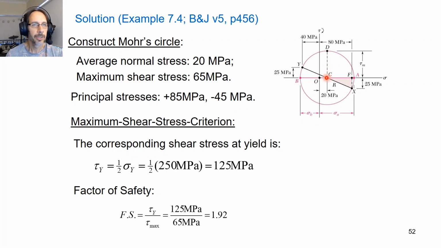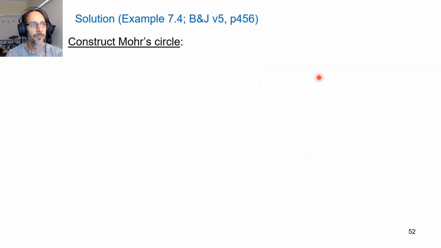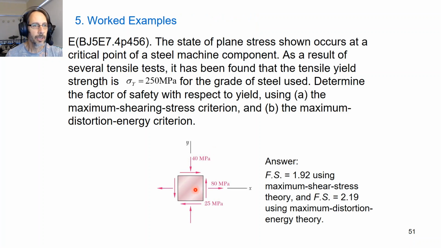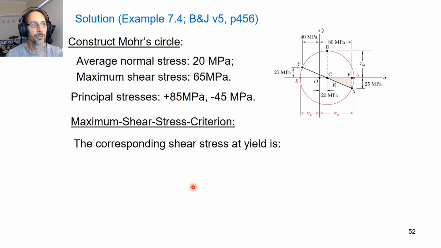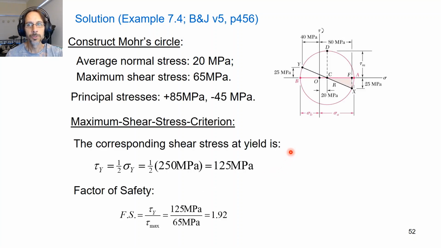Okay, so let's just check here whether we've got the absolute maximum shear stress. What would be the stress in the Z direction? We've got a plane stress case, so 0 stress in the Z direction. So where will our other 2 Mohr's circles be?